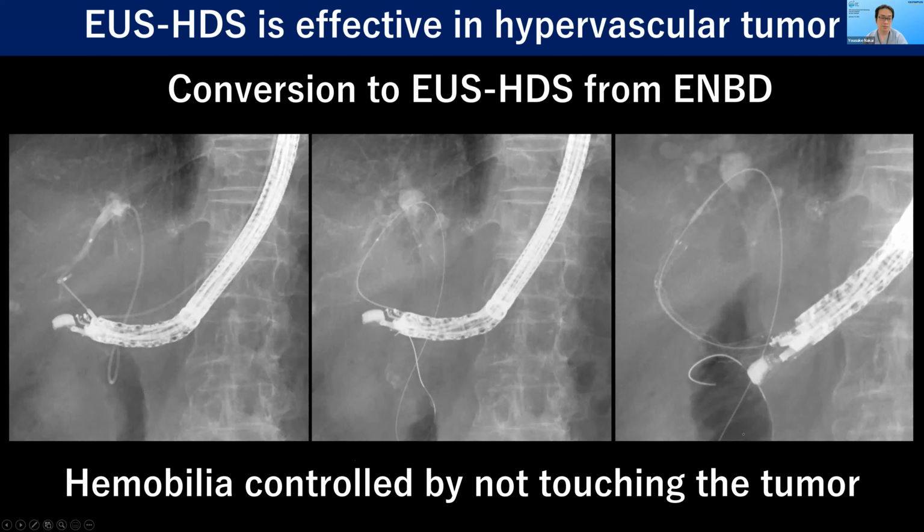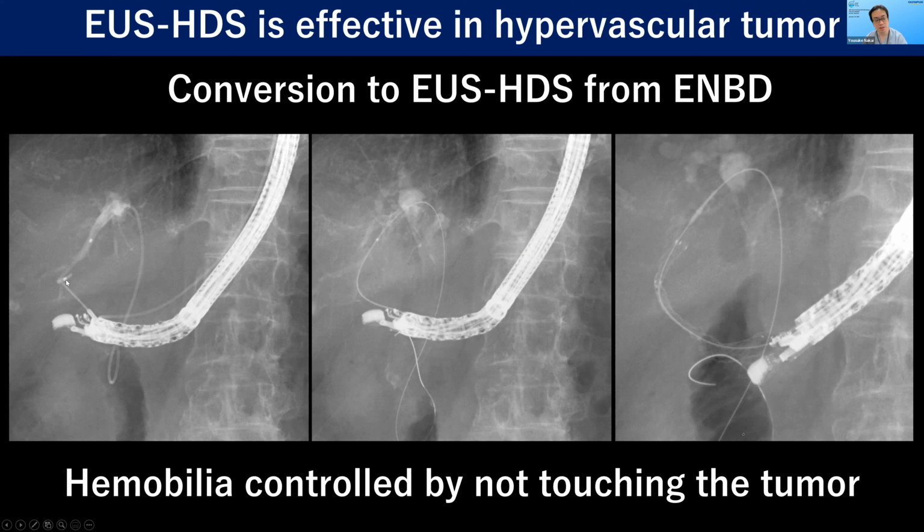And after we discussed the patient, because if we put the stent across the tumor, it may cause massive bleeding again, we decided to perform EUS hepaticoduodenostomy using the ENBD tube.